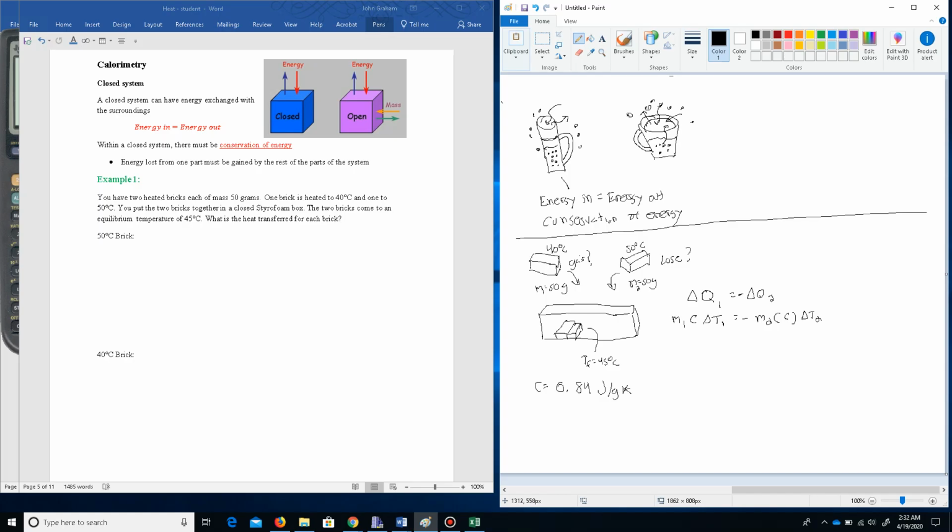First we'll do the 50 degrees Celsius brick. The mass is 50 grams. Specific heat is 0.84 joules per gram Kelvin.